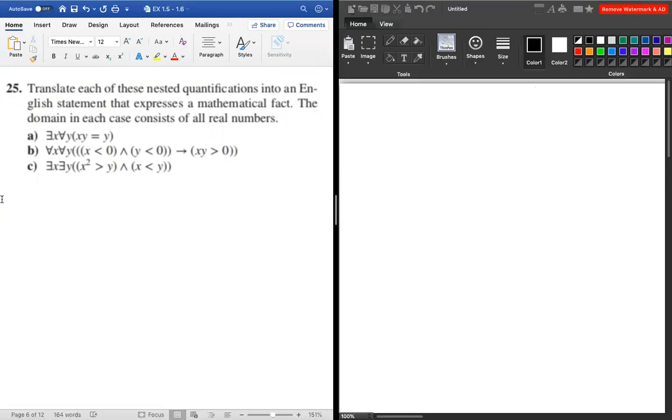So let's take part number A. So part number A, we will say that there is an identity, so we know that x times y equals y. This is a multiplicative identity for the real numbers.